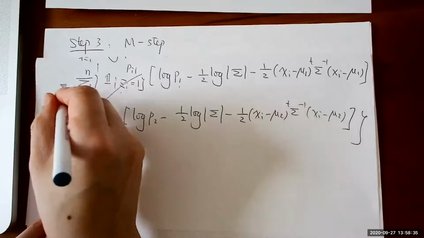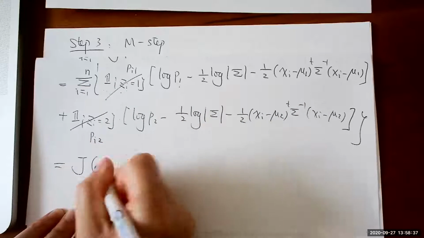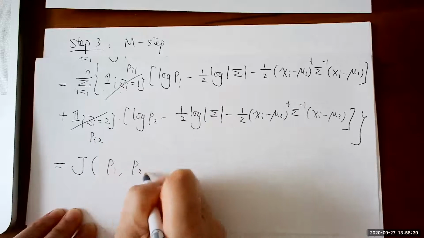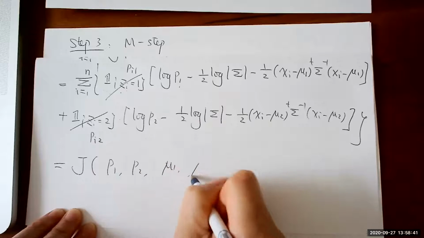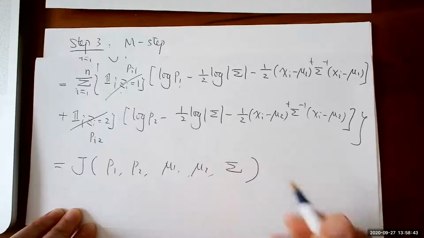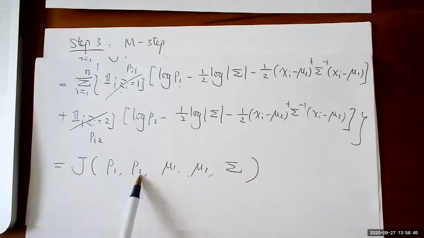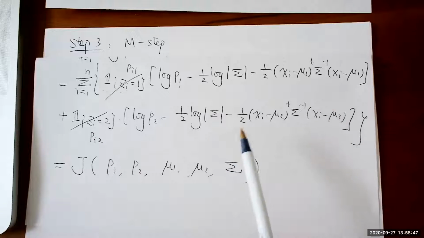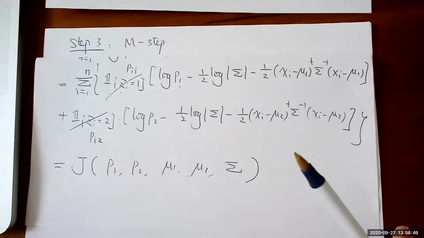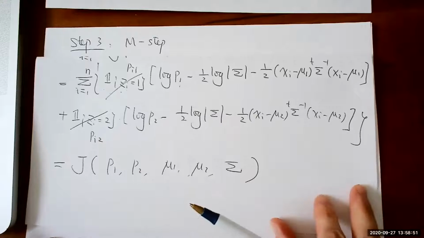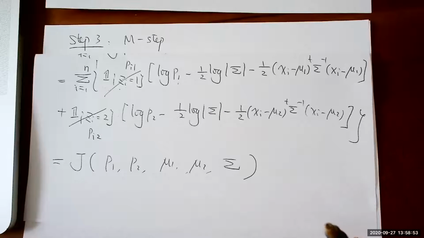So the whole thing is basically an objective function involving P1, P2, mu1, mu2, and sigma. Okay, so you just try to find P1, P2, mu1, mu2, sigma to maximize this. Definitely it is a lot of work, but don't worry, there is a note you can check. Let me tell you the answer, and then I'll show you in that attached note from another professor where you can find out how those numbers are computed.